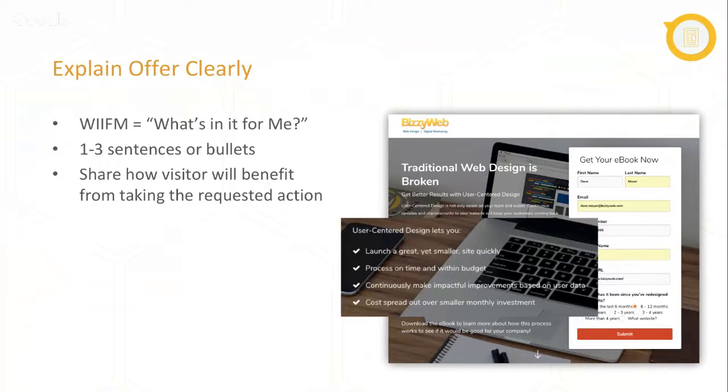So you can share how visitors will benefit from taking that requested action. In this case, user-centered design lets you launch a great yet smaller site quickly, on time, and within budget, continually make impactful improvements, and the cost is spread out over a smaller monthly investment. So that's what's in it for the customer.